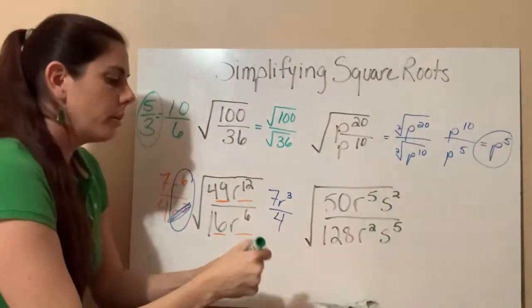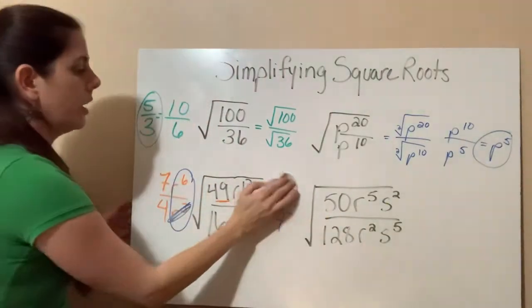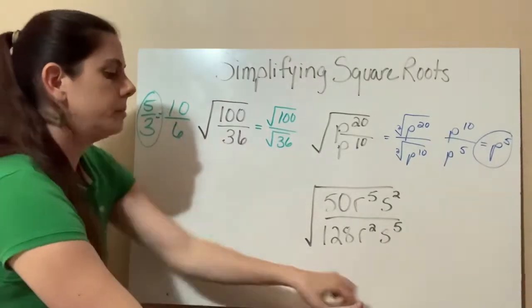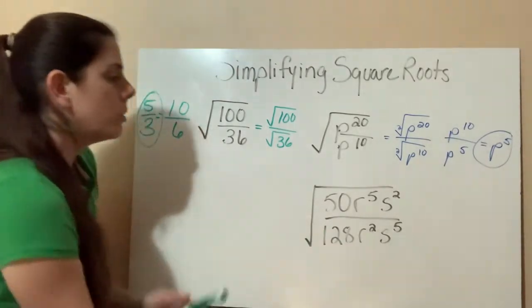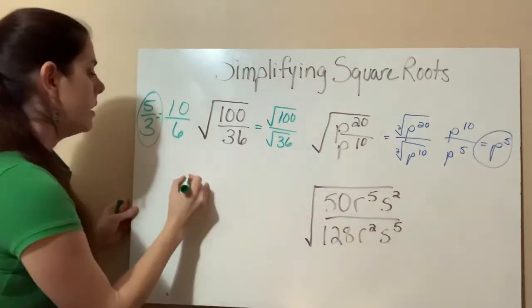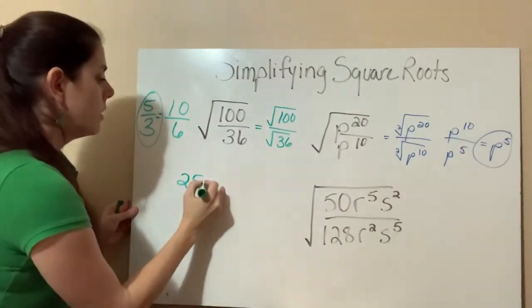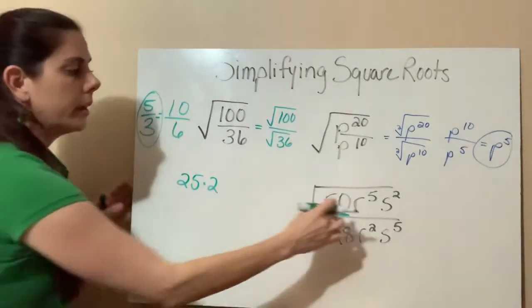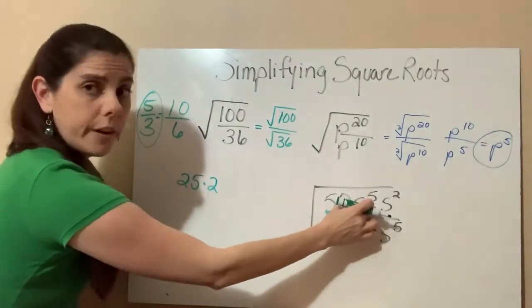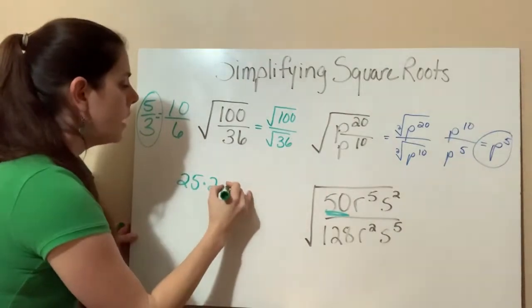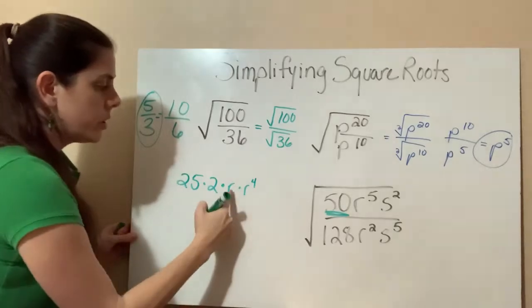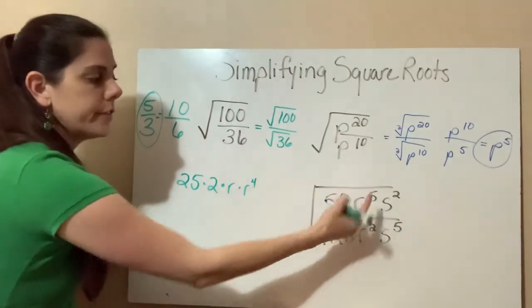So let me erase some of this so I have some room to work. I'll just rewrite it over here. So 50 could equal 25 times 2. So I simplified that, pulled it apart. And then I have r to the 5th, so that would just give me times r to the 4th, since 1 plus 4 is 5.